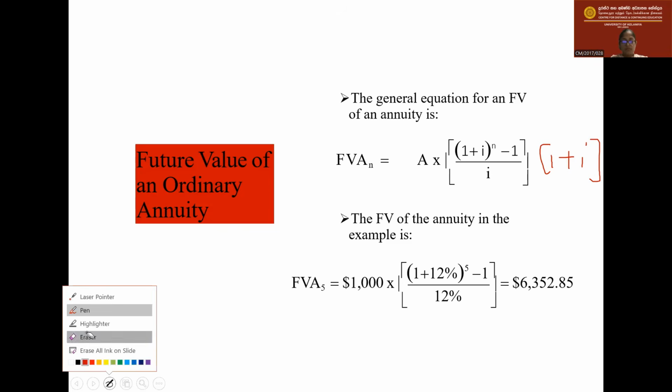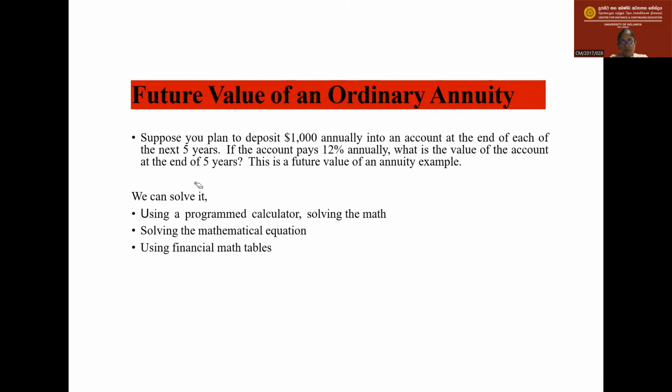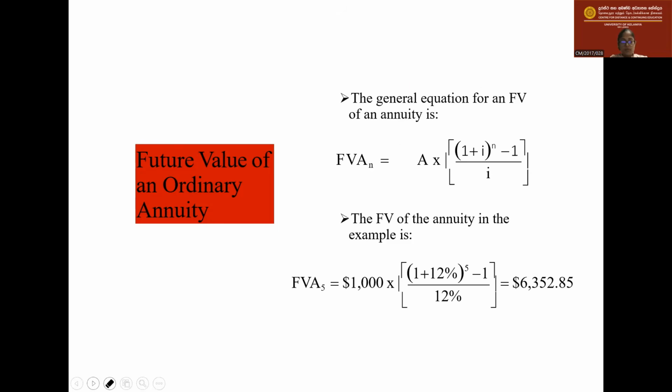Let's have a look. This is the relevant formula. Therefore, look at this question. Suppose you plan to deposit 1,000. 12% is our annual interest rate and 5 years. Therefore, we can substitute here. A means our 1,000.